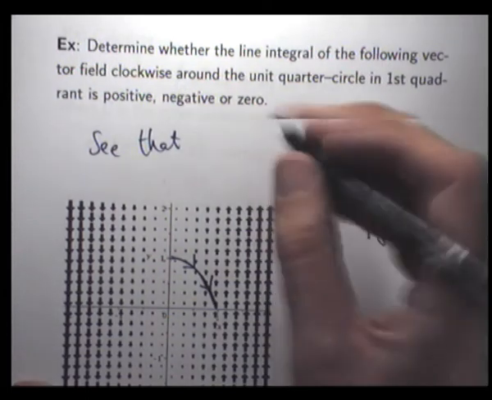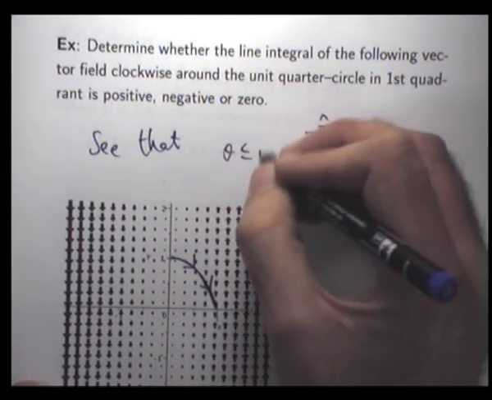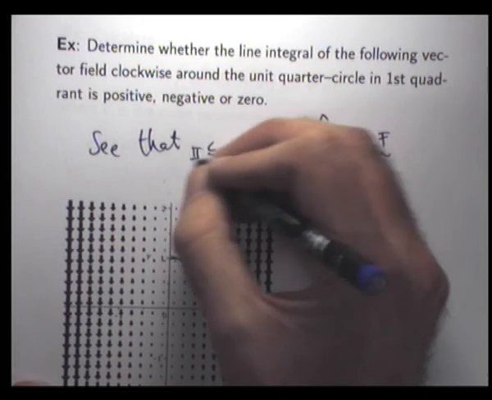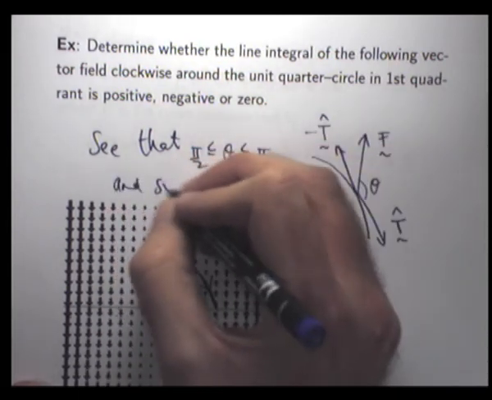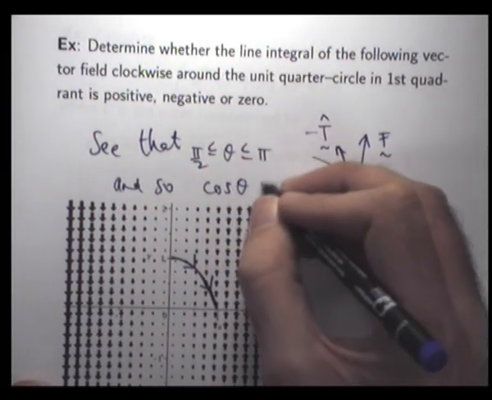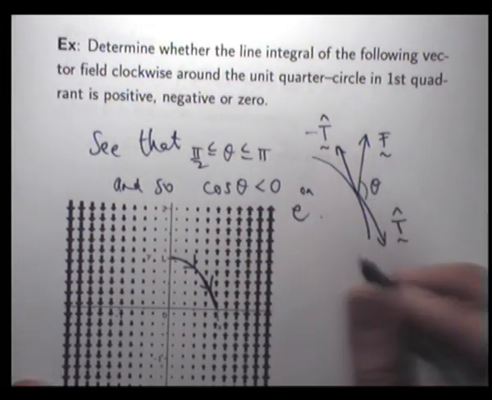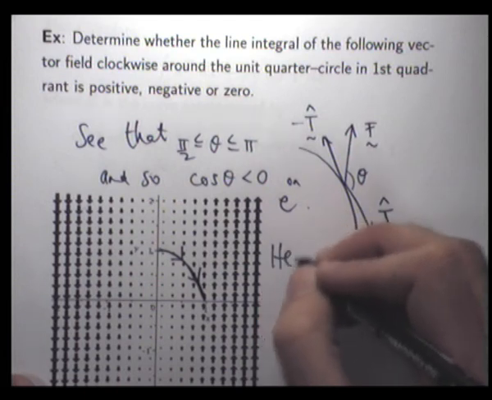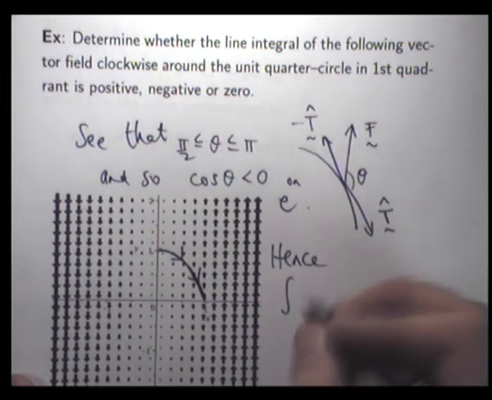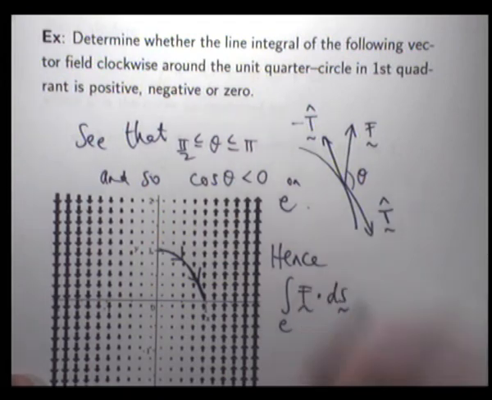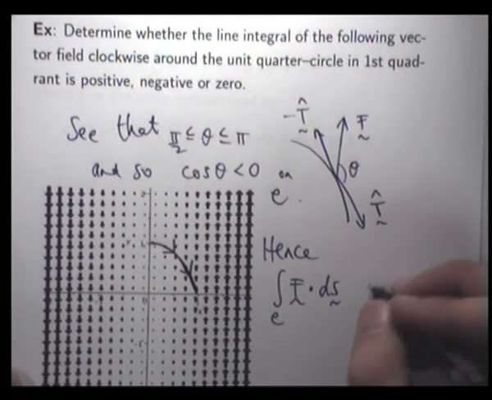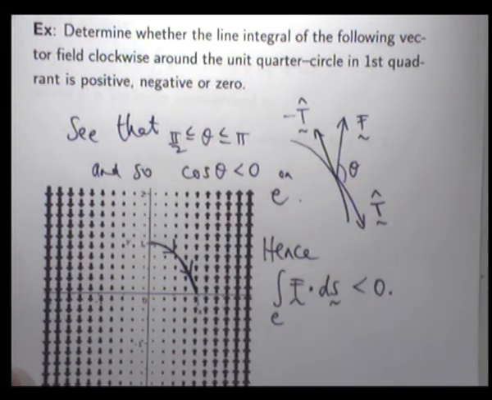Negative. Hence, the line integral of our vector field over C is negative.